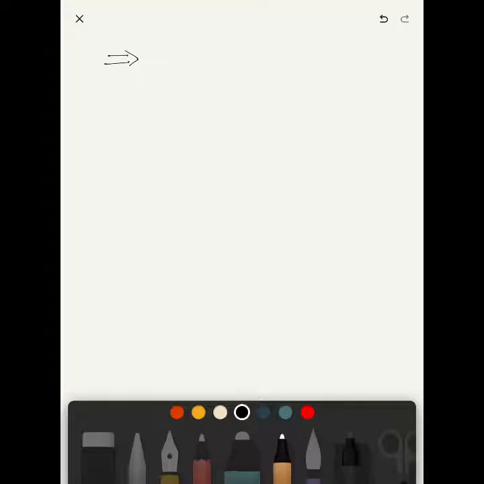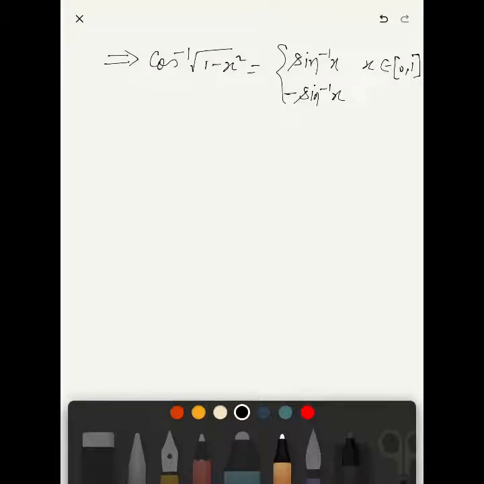You can write that, and you can also write it this way: cos inverse under root 1 minus x square is equal to sine inverse x, or minus sine inverse x, for x belongs to 0 to 1, and here for x belongs to -1 to 0.